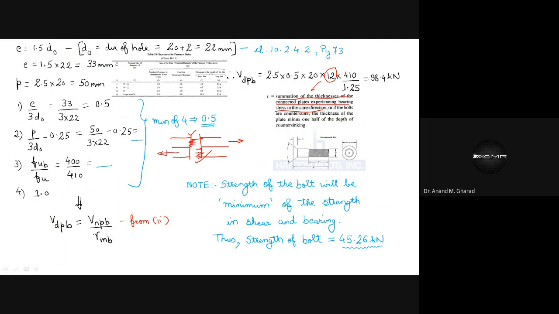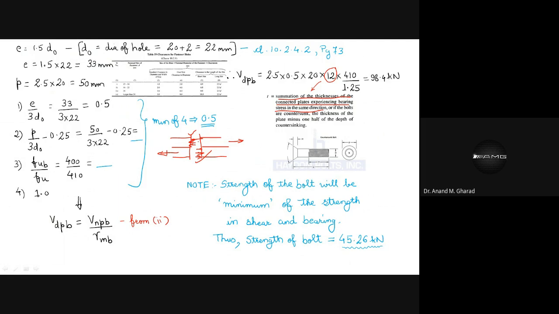Now, since this condition is not getting satisfied for a single shear, because both the bearing stresses are facing opposite to each other, in such case, you are supposed to identify the thickness of the plate in such a way that out of the connected plates, whatever will be the least value of the thickness, that needs to be considered, right?